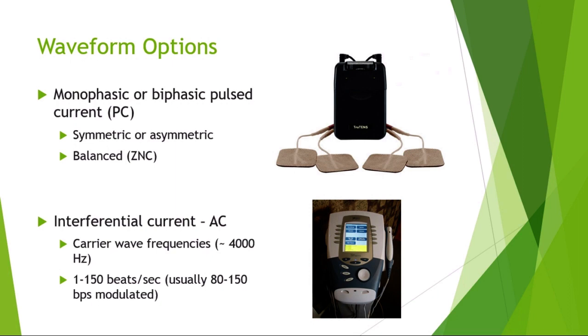Carrier wave frequencies around 4,000 hertz with the 2 interfering channels. 1 to 150 beats per second, usually 80 to 150, and we usually modulate it with IFC. So the waveforms we talked about: direct current, pulse current, alternating current. For pain management, we're going to be using either pulsed or alternating current.